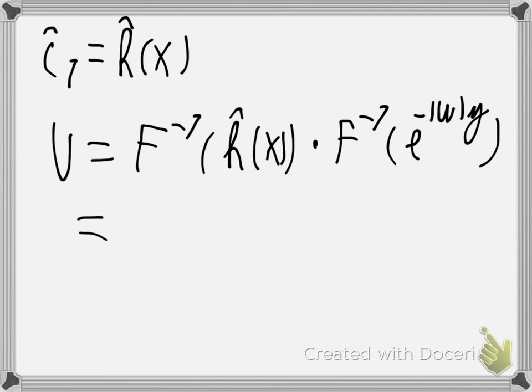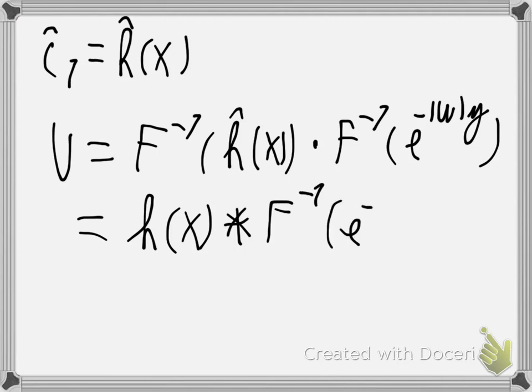Now we can use the convolution theorem, which states that the inverse Fourier transform of a product of two transforms is equal to the convolution of these two functions. And so we'll get h convolved with the inverse Fourier transform of e to the minus absolute value of omega y.